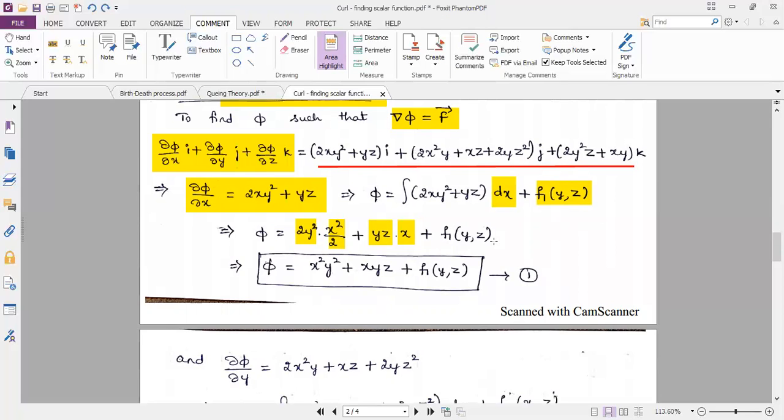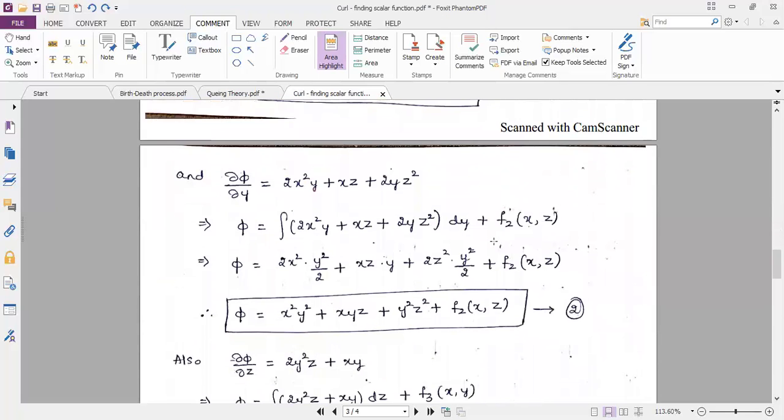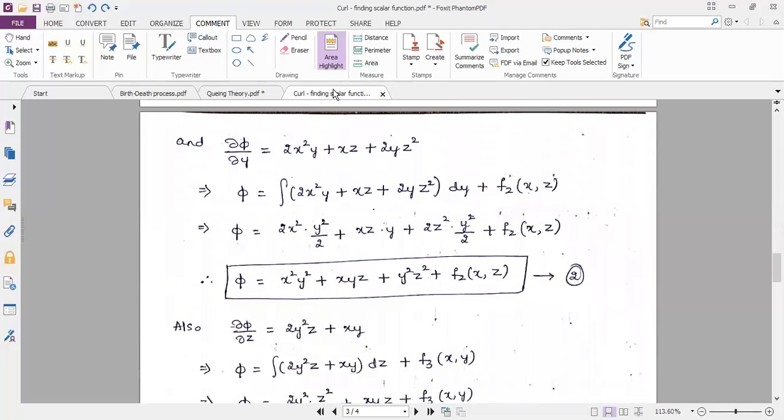Now we need to integrate with respect to y. So phi is given by the integration of 2x square y plus xz plus 2yz square with respect to y, and we add the constant of integration in terms of x comma z. With respect to y, when we integrate, x and z are constants. So we add the constant of integration as a function of x comma z.